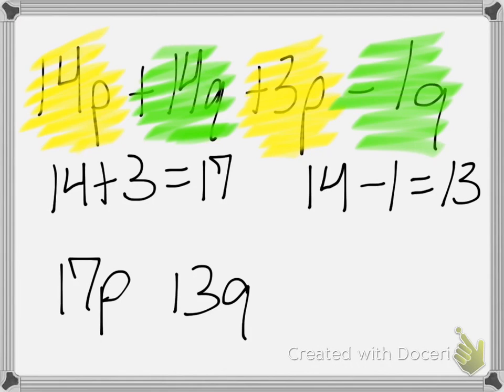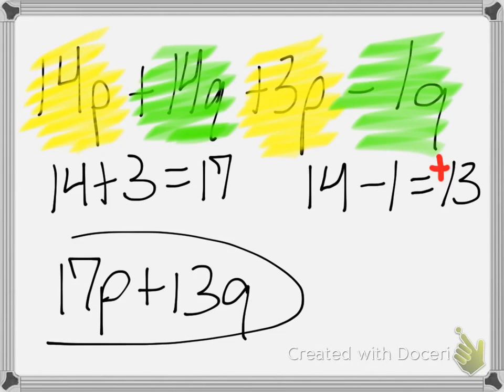Do I subtract them? Well, this came out to be a positive answer. Since it's a positive answer, you're going to add those two terms right there. And that's your final answer, because 17p and 13q cannot be combined. They don't have the same variable, so therefore they are not like terms.